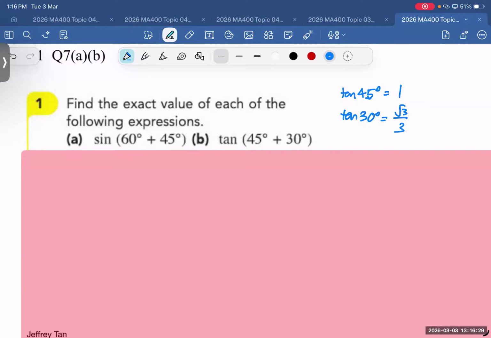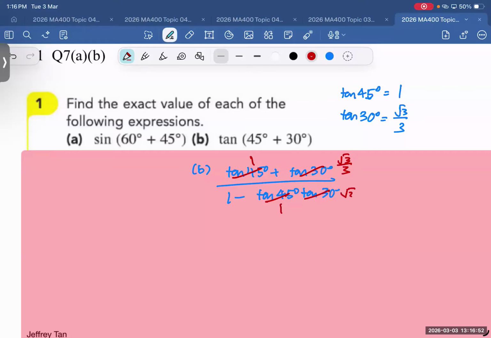So tangent A plus tangent B over 1 minus tangent A tangent B. This is 1, this is square root 3 over 3, this is 1, this is square root 3 over 3. Is that okay?